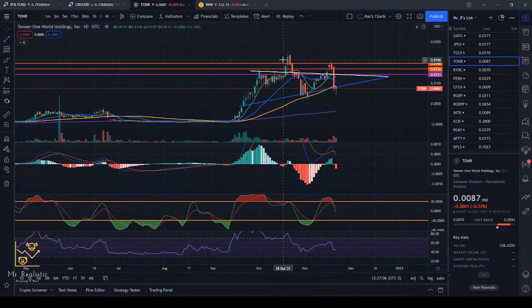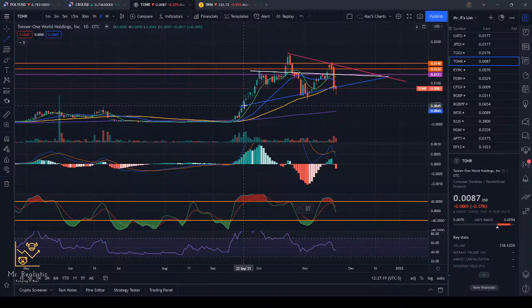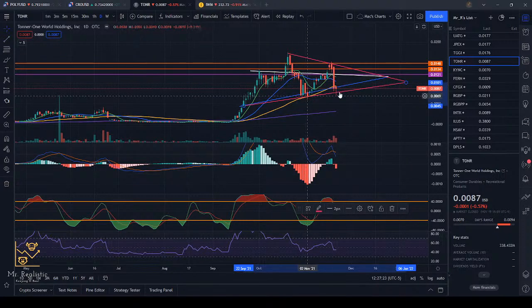All right, if we take our lines here, okay? We've got a pennant play in process on the daily, all right? So if we're taking this, okay, all right, we've got this pennant play, all right? Look how it's touched twice at the bottom. It's touched here. Pennant plays touch 5 times at least before they break out, okay?